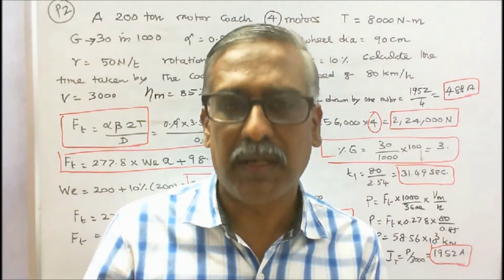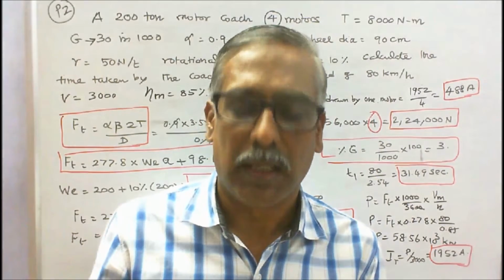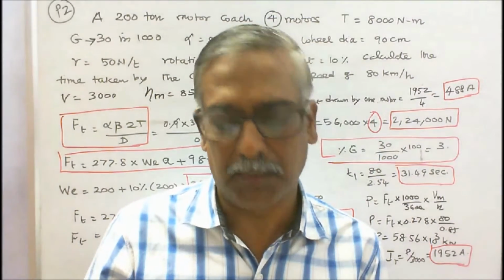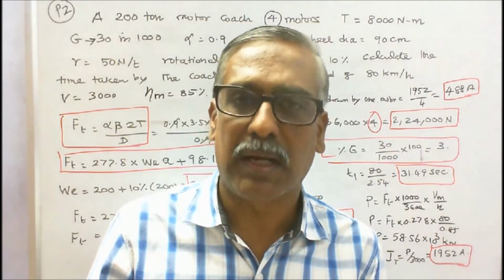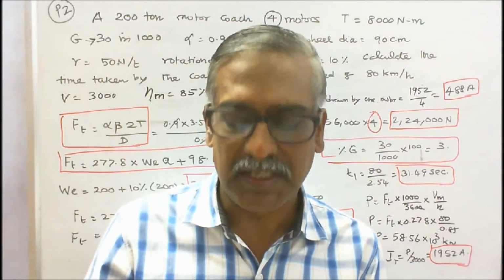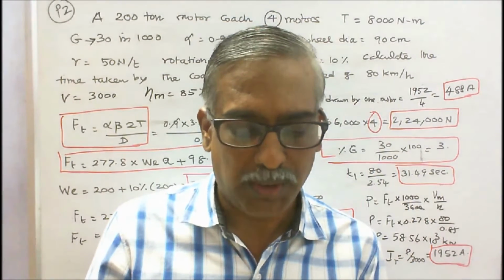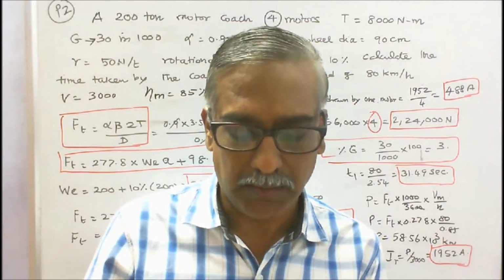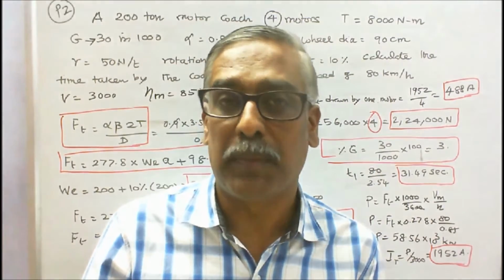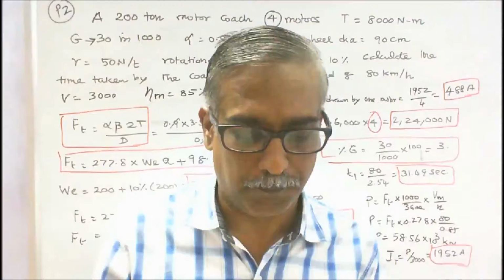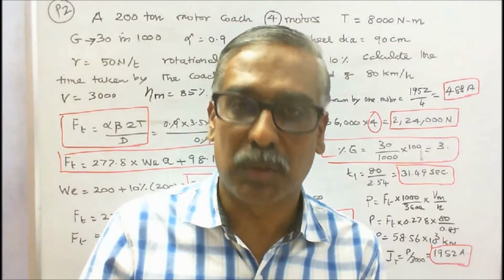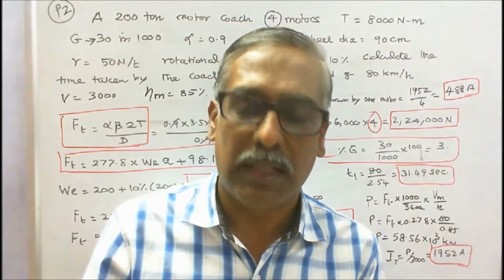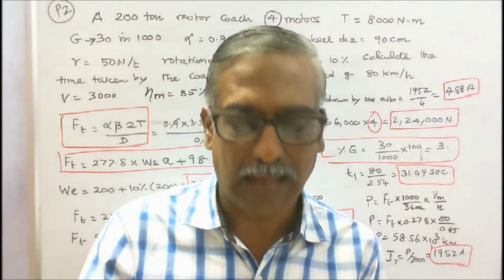If the upgradient is 30 in 1000, gear ratio 3.5, gear transmission efficiency 90%, wheel diameter 90 cm, train resistance 15 Newton per ton, rotational inertia effect 10%, calculate the time taken by the coach to attain a speed of 80 km per hour. If voltage is 3000 volts and motor efficiency 85%, calculate the current taken during the acceleration period.